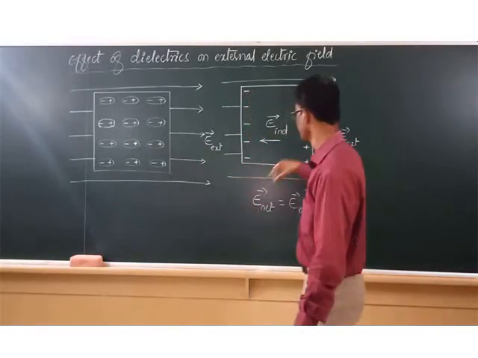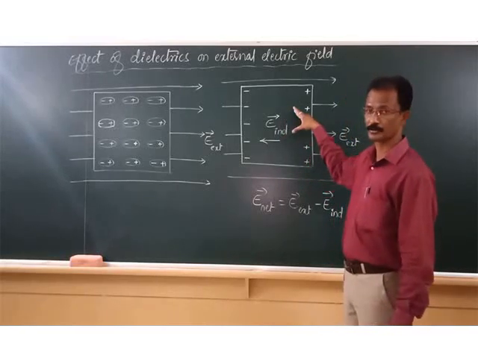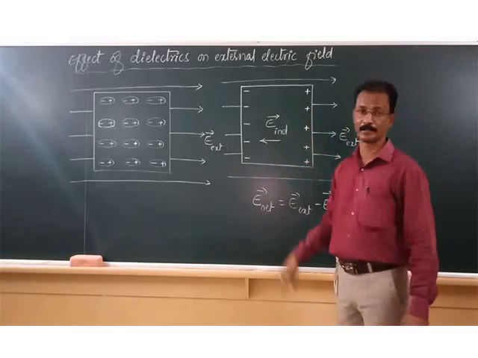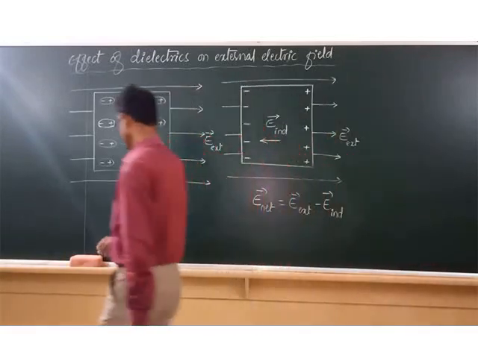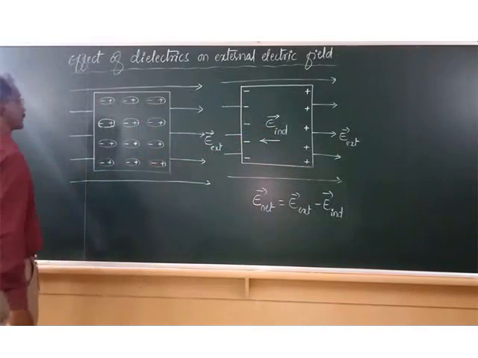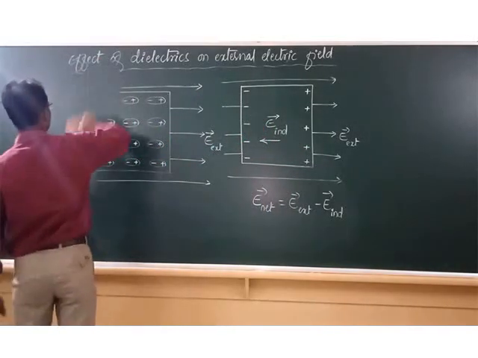So due to that, the electric field induced inside this slab reduces the net electric field in the slab. This is the effect of dielectrics on the external electric field.